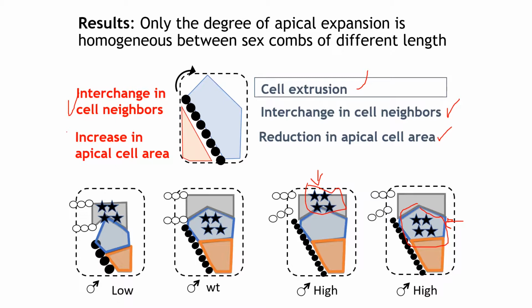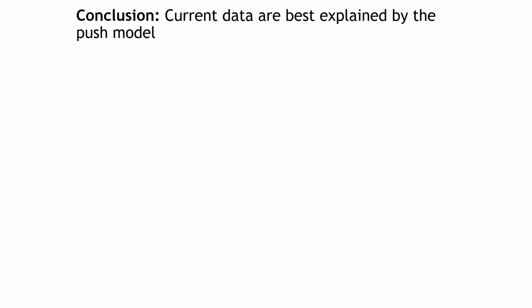The only process that seems to occur only during the rotation seems to be the increase in apical cell area. For that reason, our current hypothesis is that the data that we have is best explained by the push model.